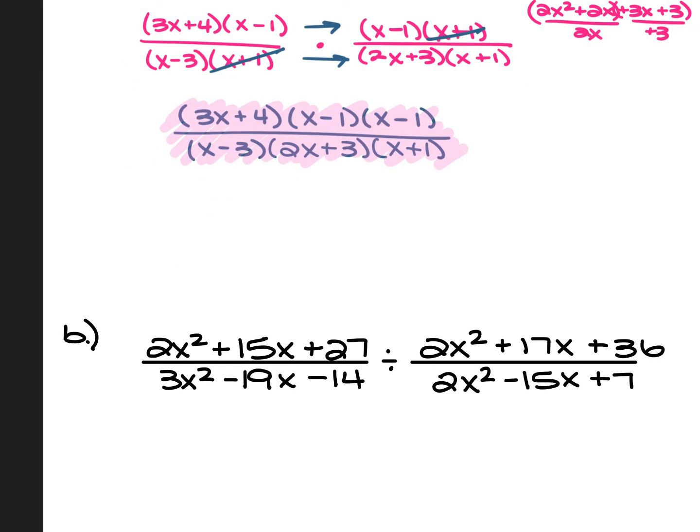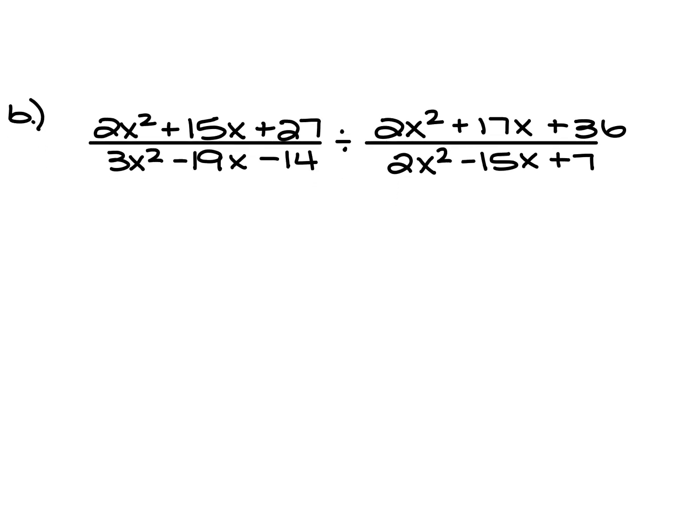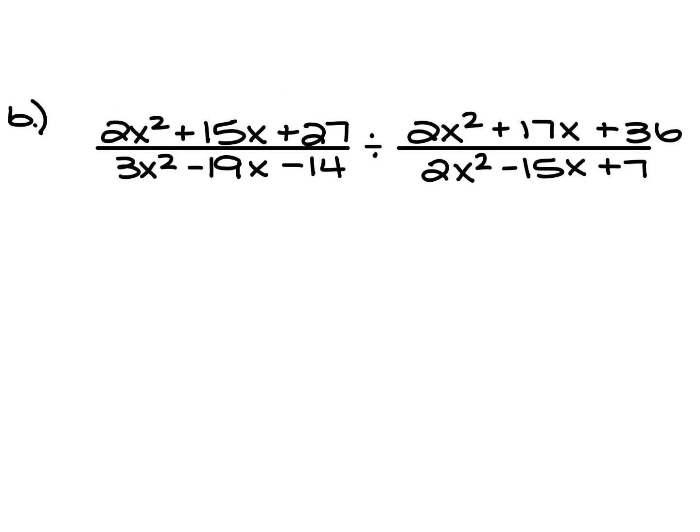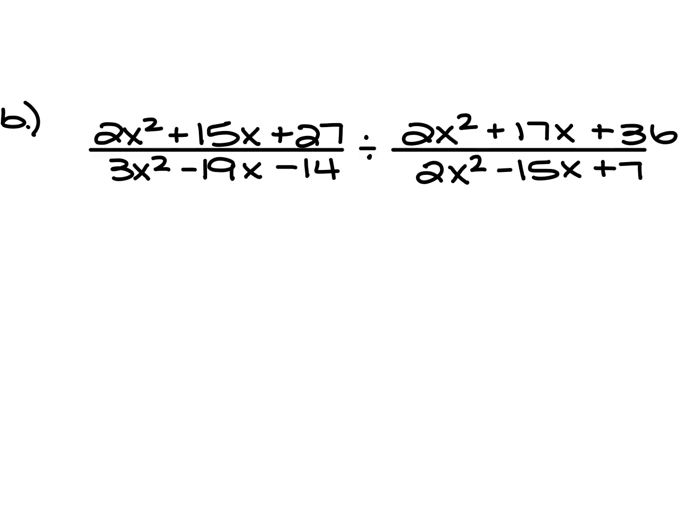For our next example, we have 2x squared plus 15x plus 27 over 3x squared minus 19x minus 14, divided by 2x squared plus 17x plus 36 over 2x squared minus 15x plus 7. From the numerator of the first fraction, we are going to multiply the 2 and the 27. That gives us 54.